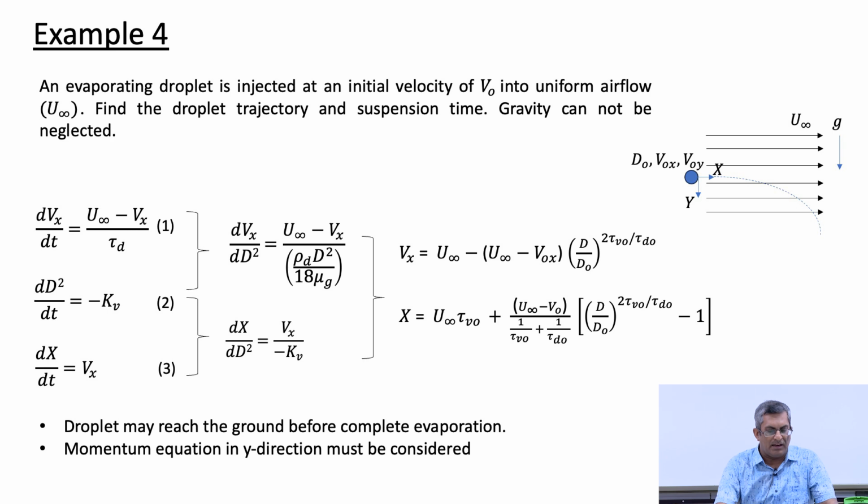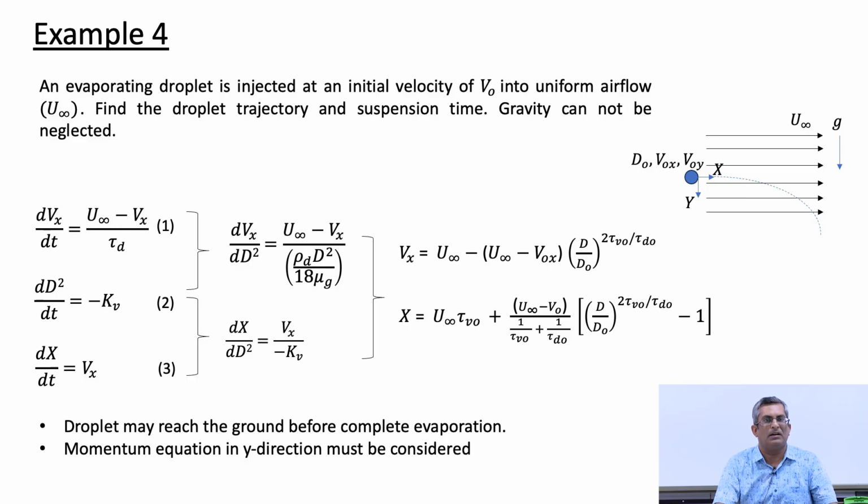So we are revisiting the same problem, that is, we inject one particle into uniform flow of air, but now gravity is important. Okay. So the objective here is to find the droplet trajectory and suspension time of the particle in air.